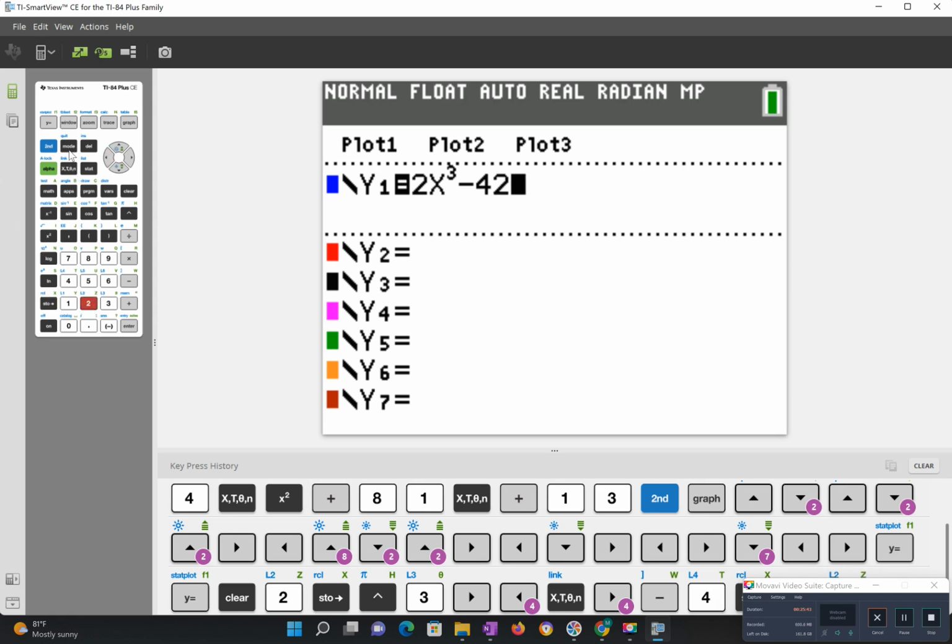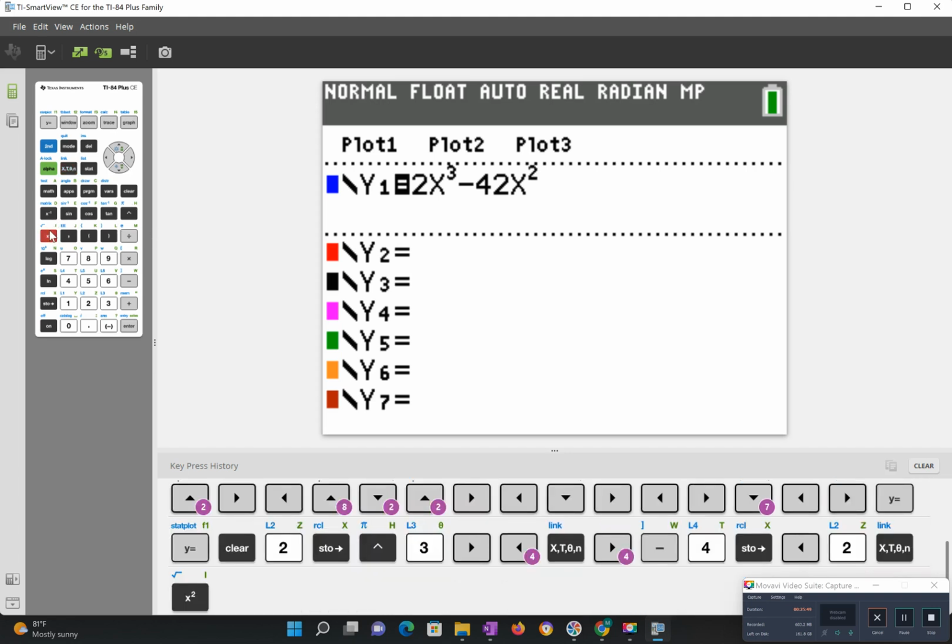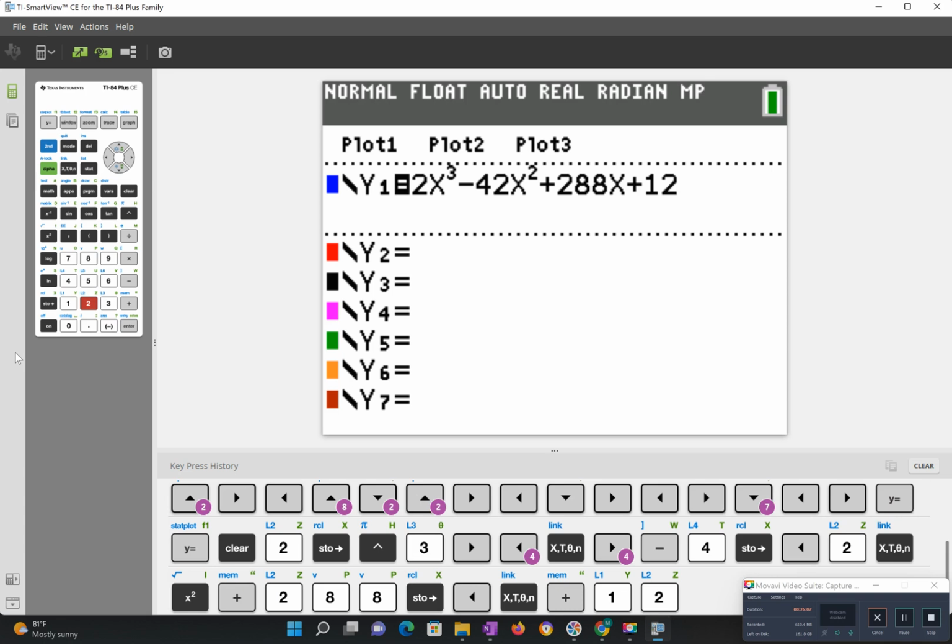I think I have a harder time typing it in sometimes. So I'm just going to keep clicking away. Plus 288x. Okay, I'm going to just type that equation in there.